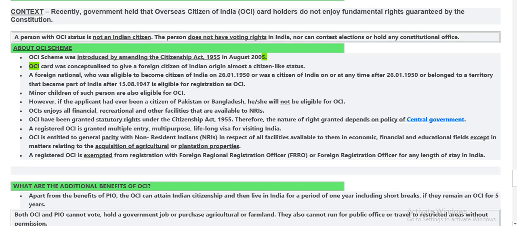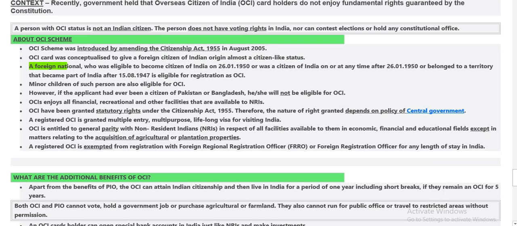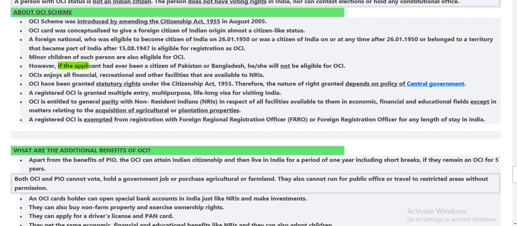About the OCI scheme. The OCI scheme was introduced by amending the Citizenship Act, 1955 in August 2005. The OCI card was conceptualized to give a foreign citizen of Indian origin almost a citizen-like status. A foreign national, who was eligible to become a citizen of India on the 26th of January 1950 or was a citizen of India on or at any time after the 26th of January 1950 or belonged to a territory that became part of India after the 15th of August 1947 is eligible for registration as OCI.